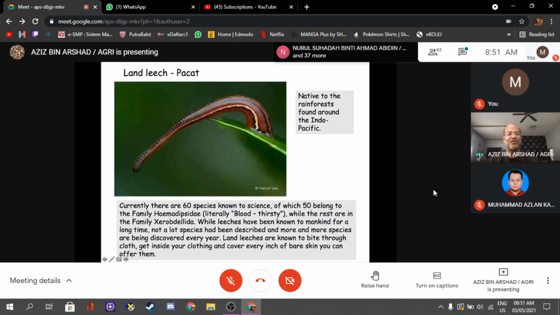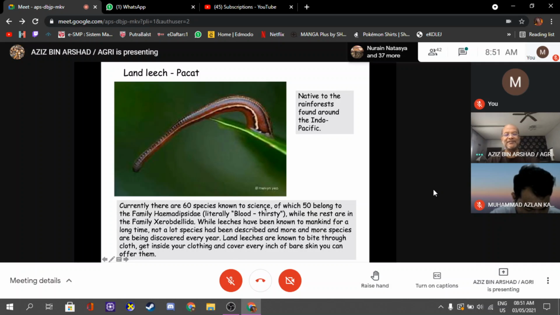The land leech, or locally known as pacat, is found in the forest. You go into the forest and you're not careful with your attire, you might get a pacat that is smuggled into your pants. They are called bloodthirsty leeches, and they're quite troublesome.